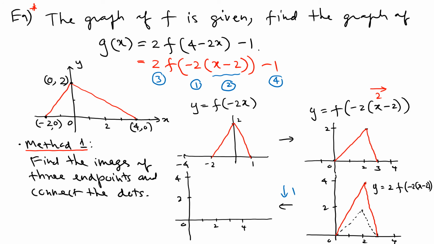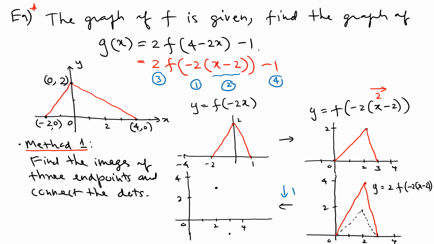So the new points are: the point at 0 is moved over there, the point at 3 moves over there, and the point at 2 was over there, but now it goes there. Okay, that's what happens. Finally you're going to get the graph like this.